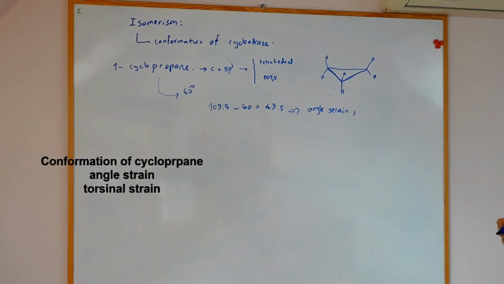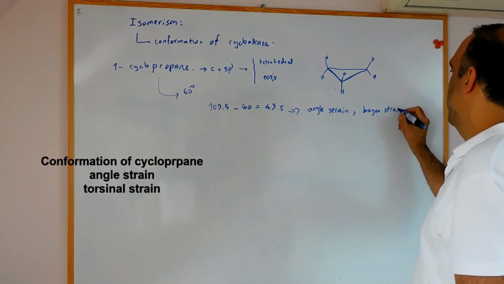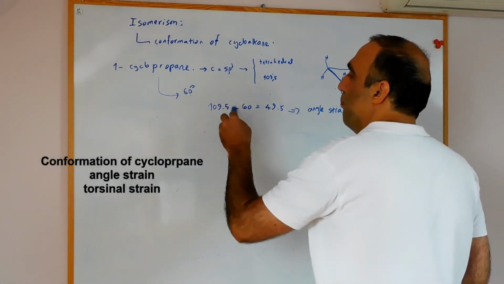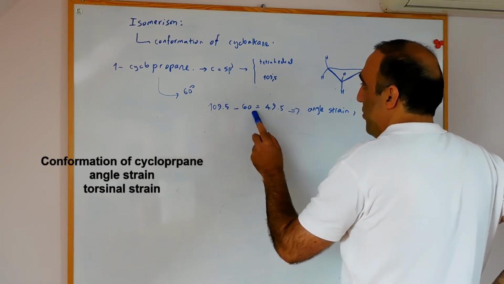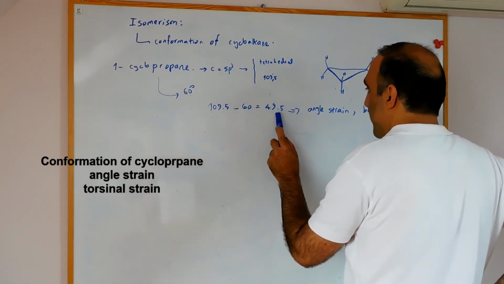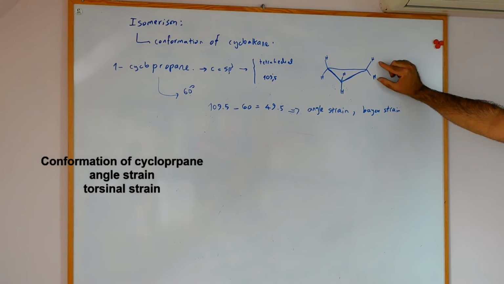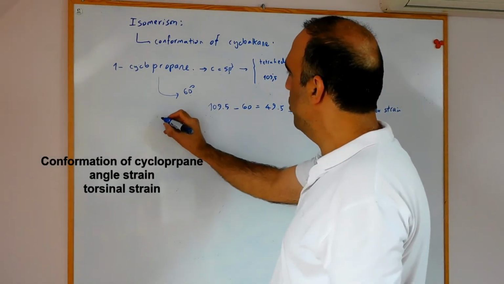Or we can say Baeyer strain. The name is Baeyer strain. Because as usual, the sp3 carbon must have a 109.5 angle, but it is 60 and 49.5 is smaller. And as we see here, all of the hydrogens are in the eclipsed form. And we say torsional strain. And the other problem is the torsional strain.